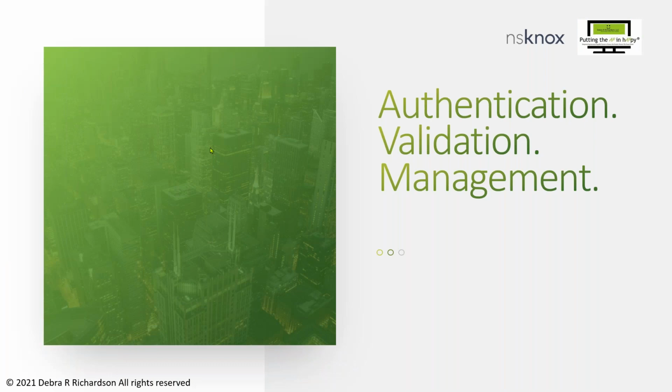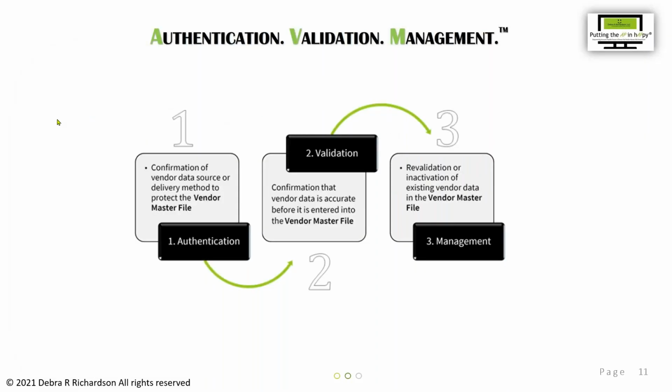All right, so let's start again with my proprietary 3-step process: authentication, validation, and management. We'll go over that, and then we'll talk about how you can use this process to help in the collection and validation of bank details. So this is the 3-step process, and the first step is authentication, which is the confirmation of the vendor data source or delivery method of the vendor documentation.